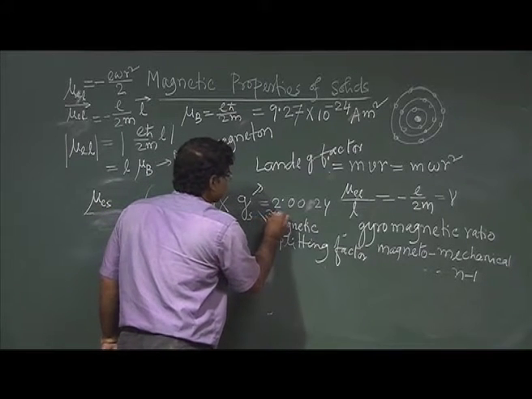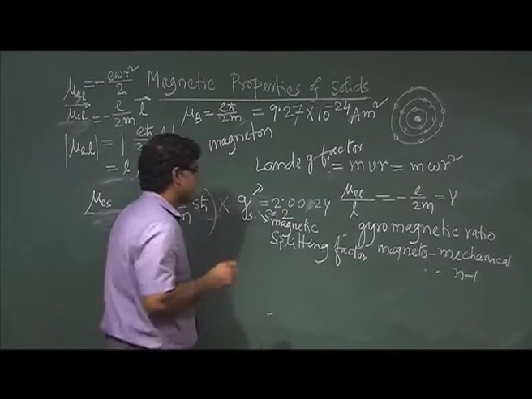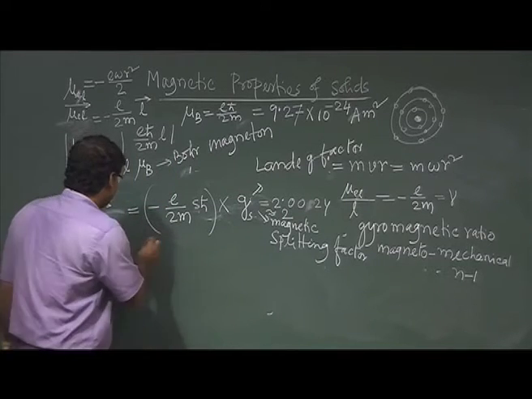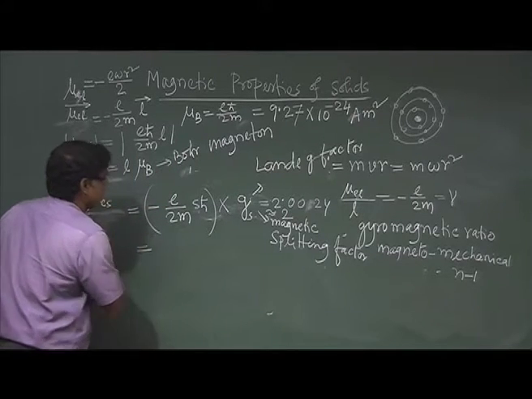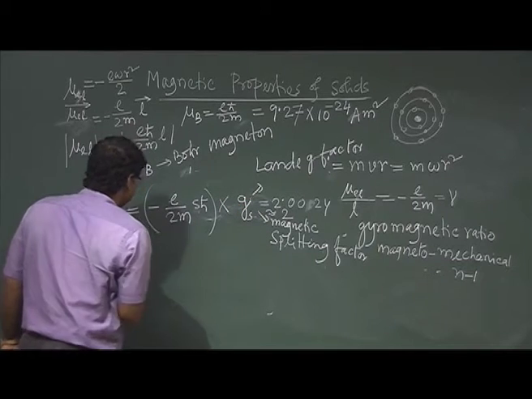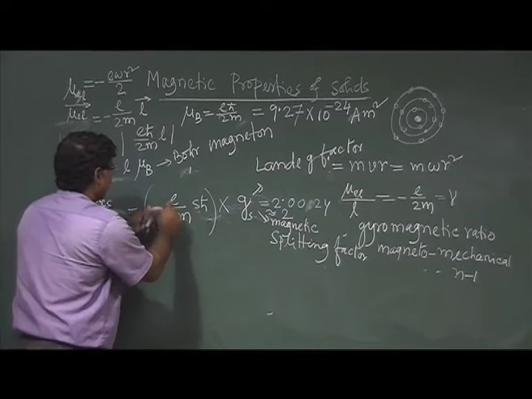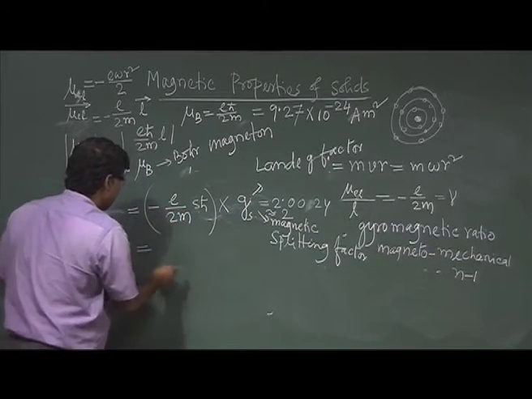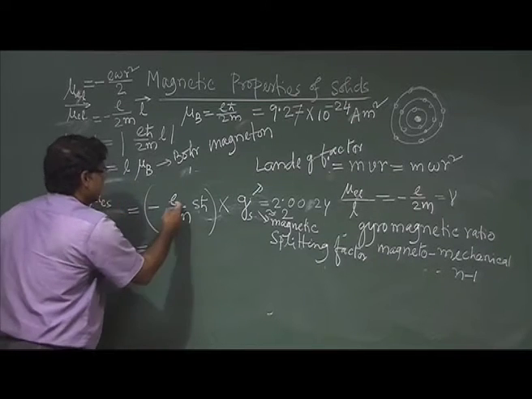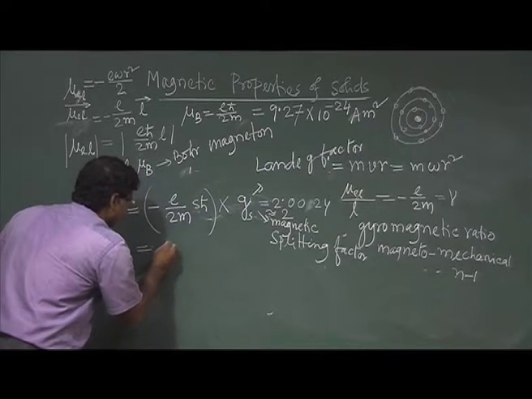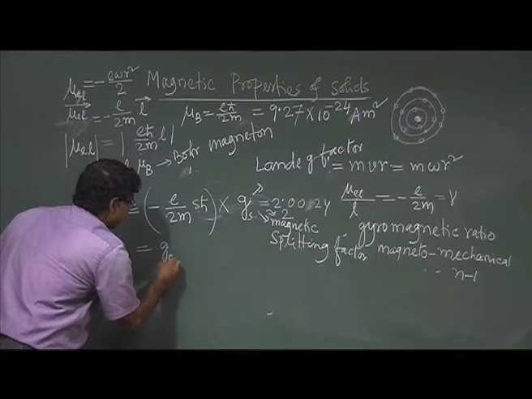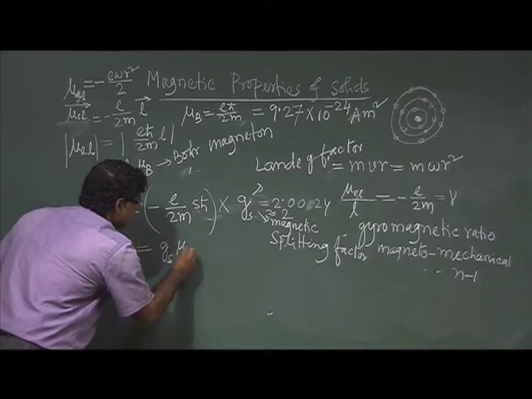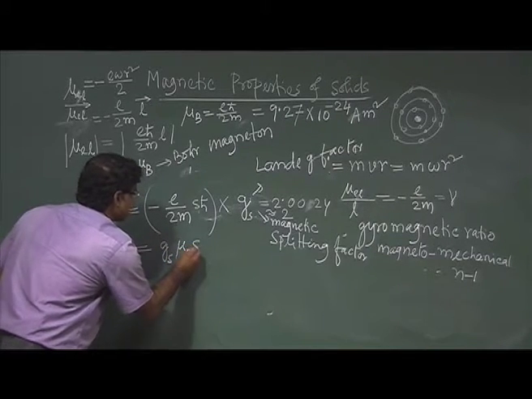Approximately, this is taken as 2. So, this is always 2, and this e h cross is mu_B. So, we are getting g_s mu_B and s.